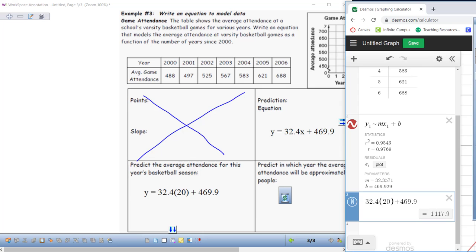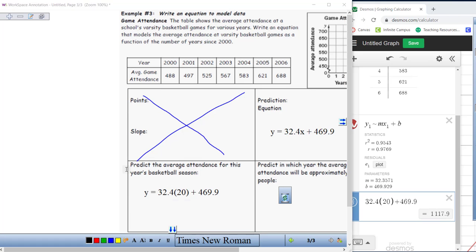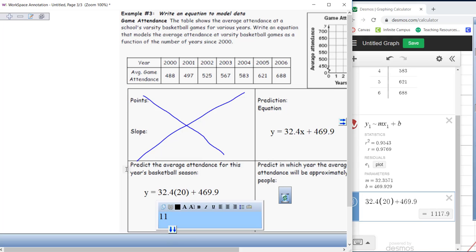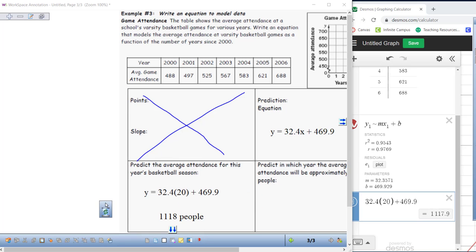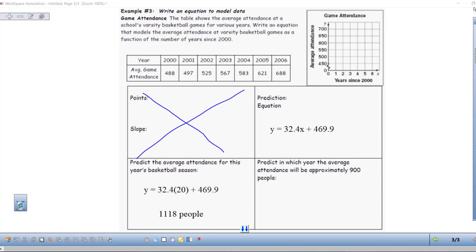So I would put for our answer over here 1,118 people would attend the game this year following that pattern. Then it says predict in which year the average attendance will be approximately 900 people.